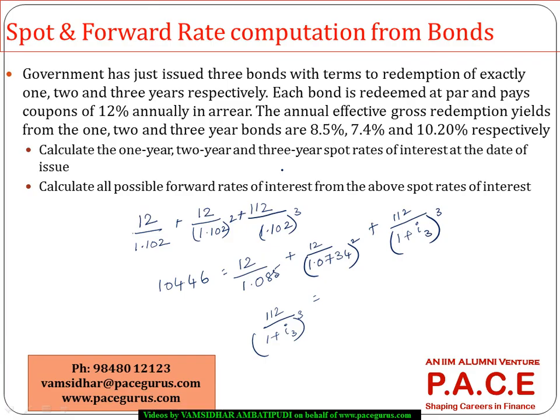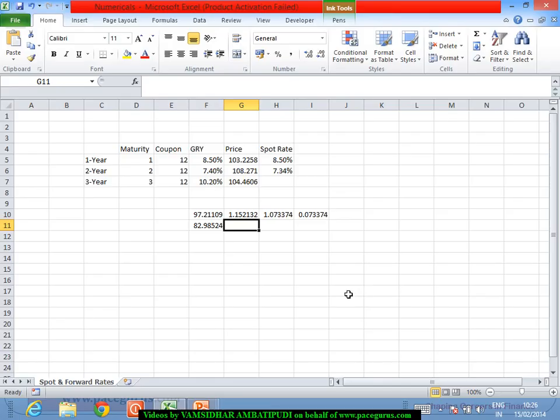This gives 112 by 1 plus I3 cubed equal to 82.99.